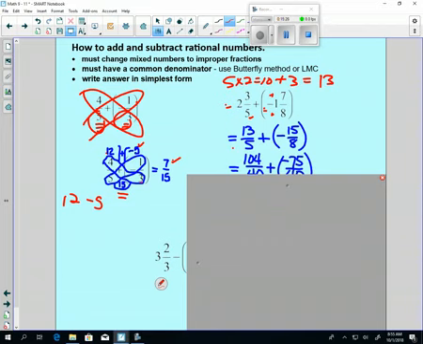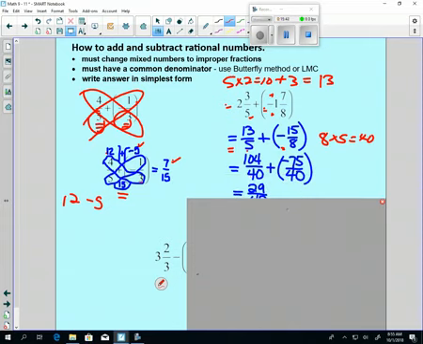Now we have 5 and 8. We need to get a common denominator. So what's common between 5 and 8? Well, we multiply the two together. It would be 40, 8 times 5. Let's multiply the two numbers on the bottom. So it means that we now have a common denominator. To go from 5 to 40, we have to multiply by 8.